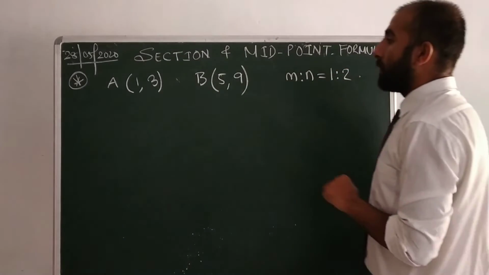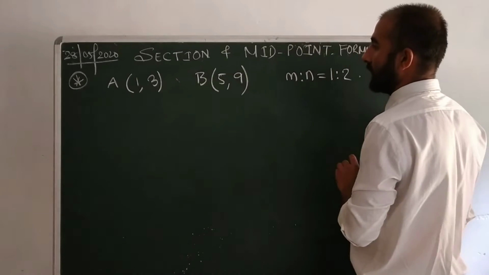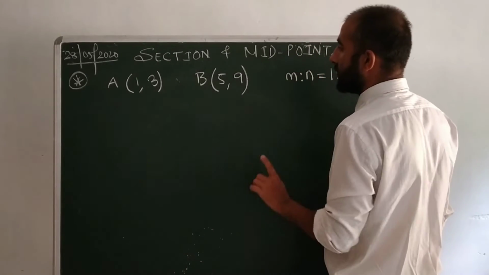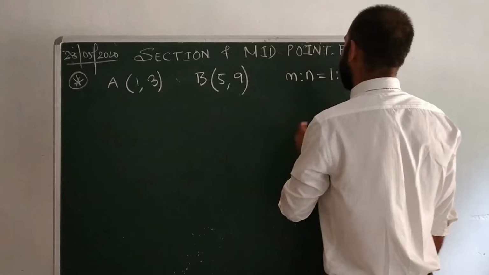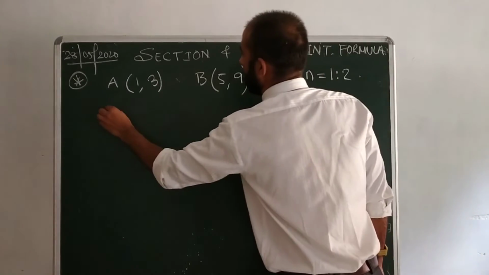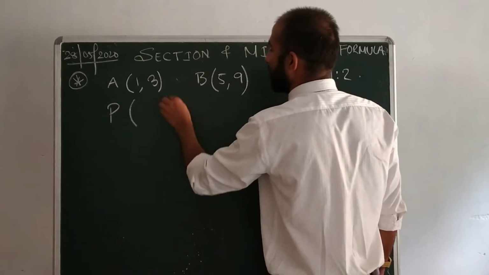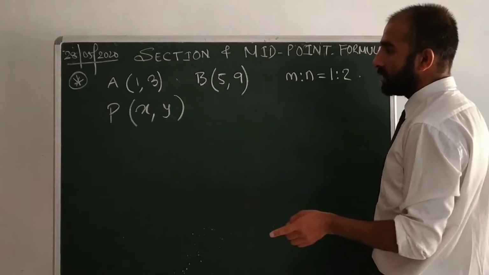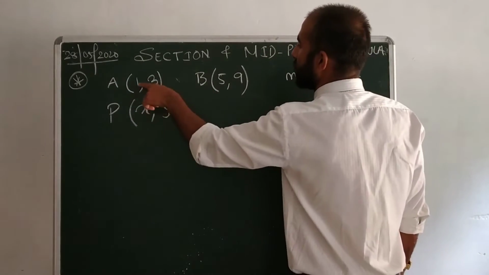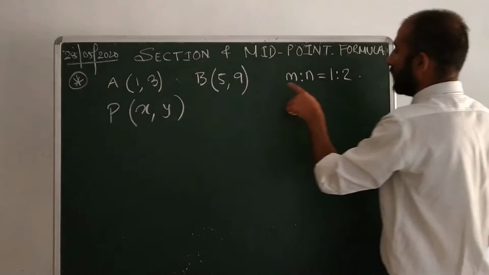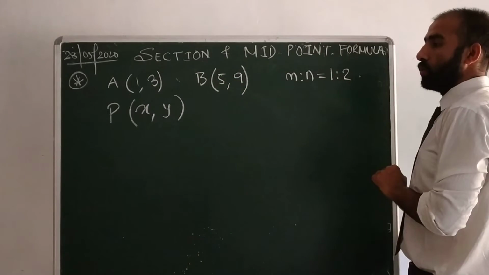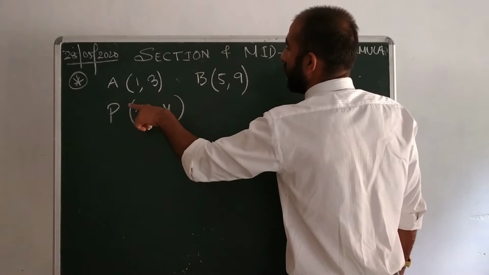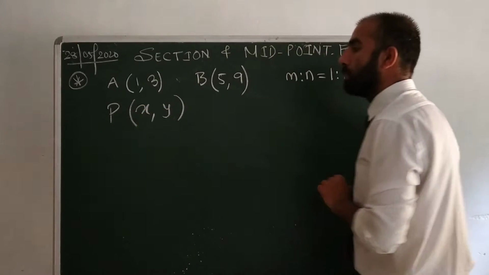Find the point P which divides the line segment joining A and B in the ratio 1 is to 2. Let us find the coordinates of P.